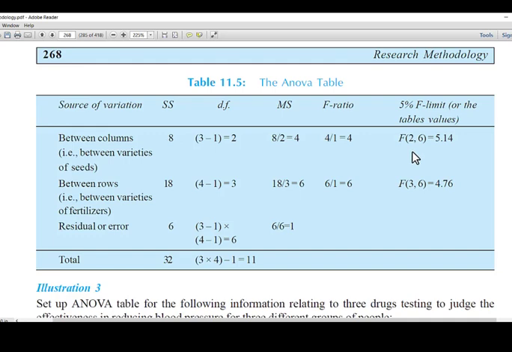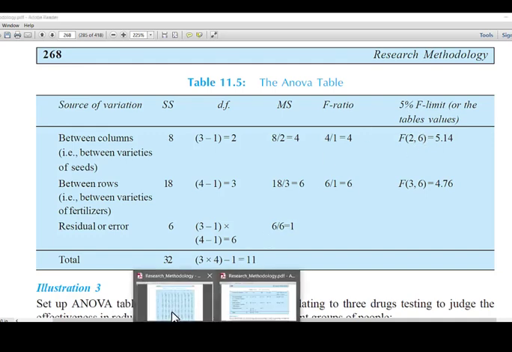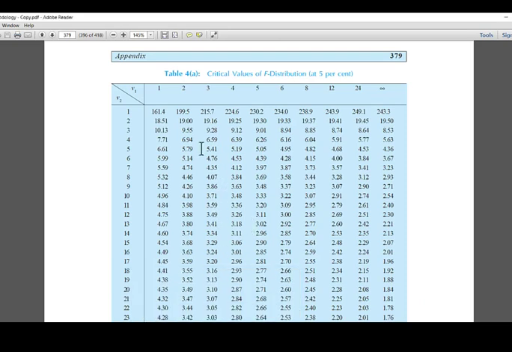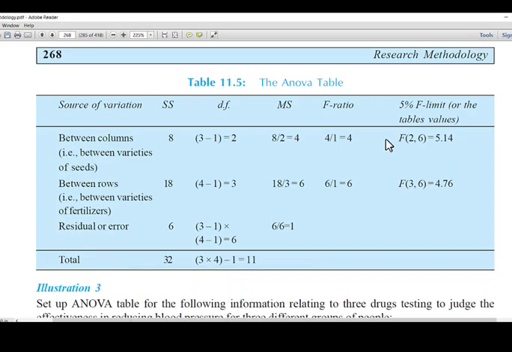V1 here is 2, and V2 we take as 6. So V1 equal to 2 and V2 equal to 6, corresponding to 5% level of significance, we see the value is 5.14. So that is written 5.14.